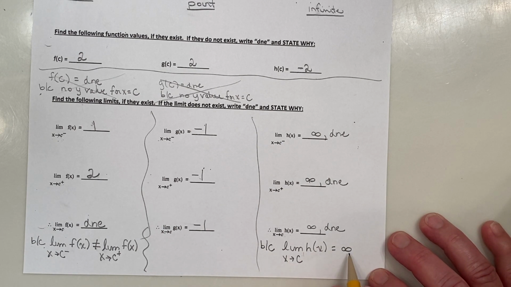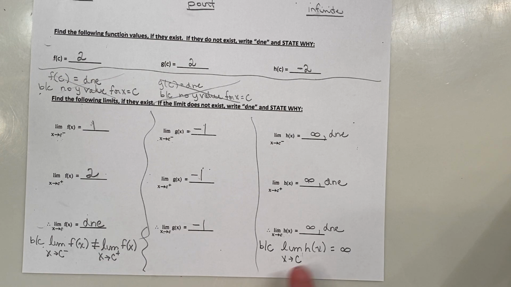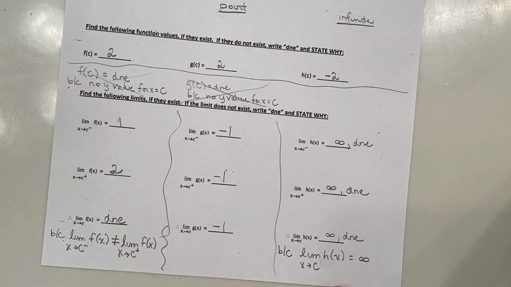So this is the justification, and the official answer is a does not exist situation. So look at the difference between these two right here. Here I actually looked at the left limit does not equal the right limit, but here I just had to say because the limit goes to infinity, and that justifies to somebody that that limit does not exist.